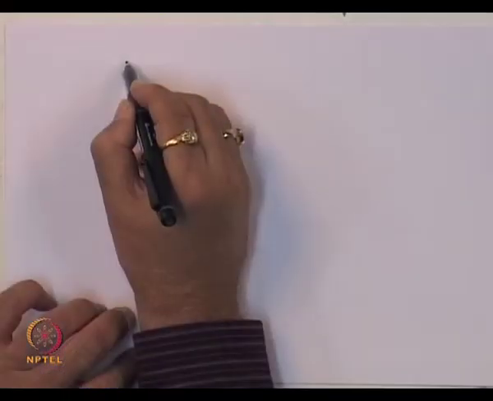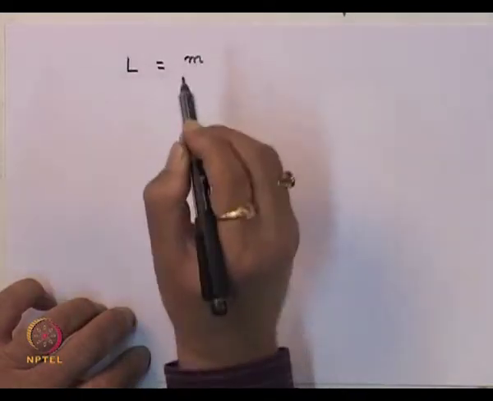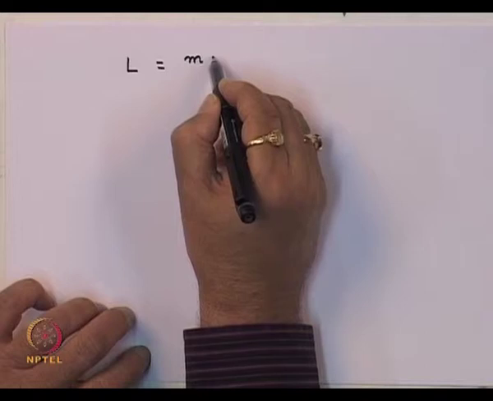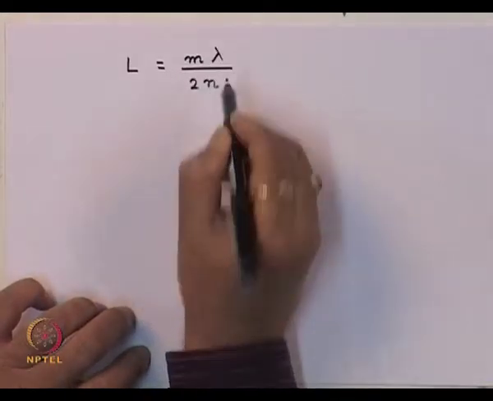for the cavity modes. So, again we can start with the basic relation that the length of the cavity required is the mode number m lambda divided by 2n.